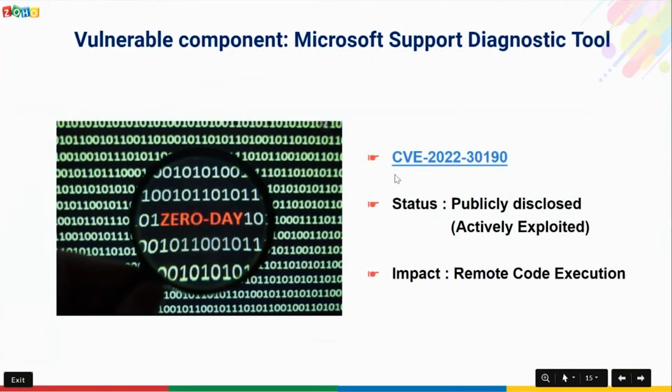The vulnerability is tracked as CVE-2022-30190. So it is a publicly disclosed, actively exploited vulnerability in MSDT, and Microsoft has released a patch for the same. So we would recommend you to start this month's patching with this particular patch.